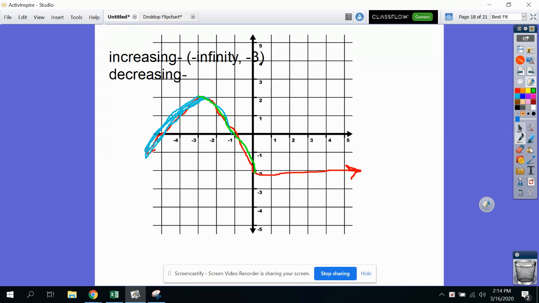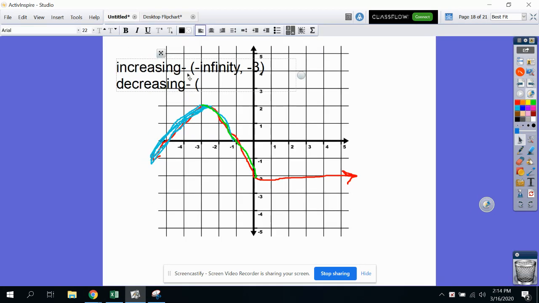It's neither increasing nor decreasing. So it's increasing from negative infinity to -3. It's decreasing from -3 to, and you use your x values, -3 to right here, which is where your x is 0. You use x to tell where things are happening. So it's increasing from negative infinity to -3, decreasing from -3 to 0.